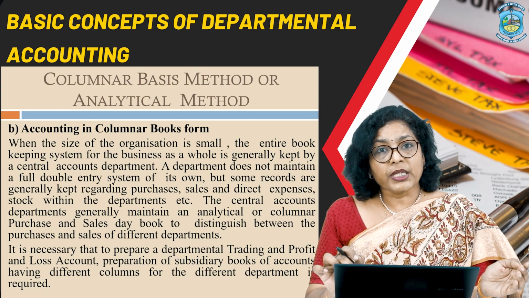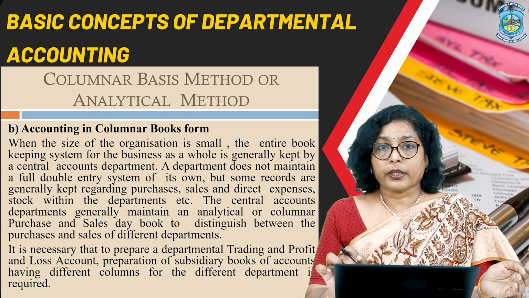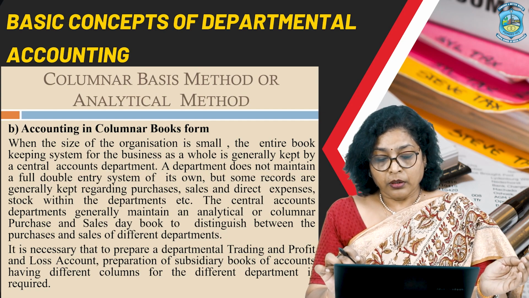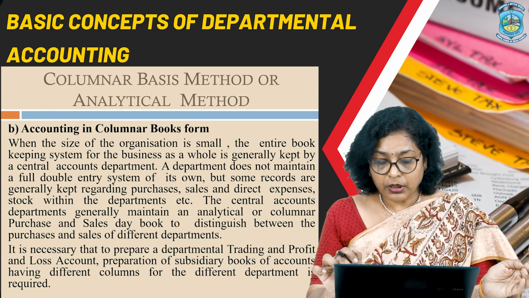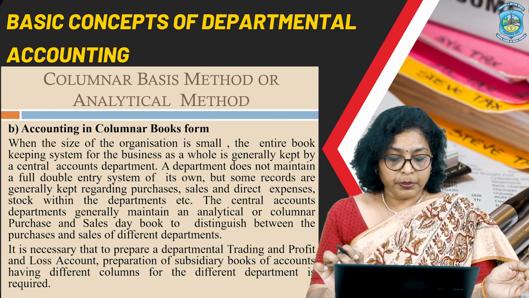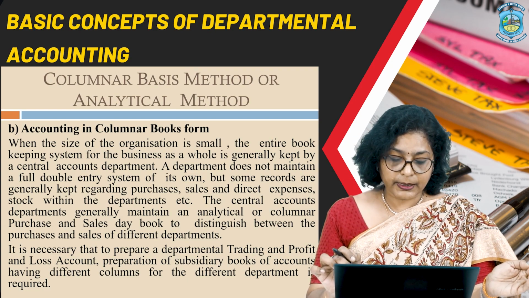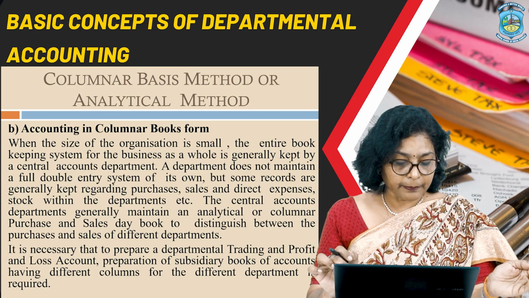Only the purchase day book, sales day book, or direct expenses are recorded in these departments. For this purpose, the central accounts department generally maintains a columnar purchase day book and sales day book to distinguish between the purchases and sales of different departments.